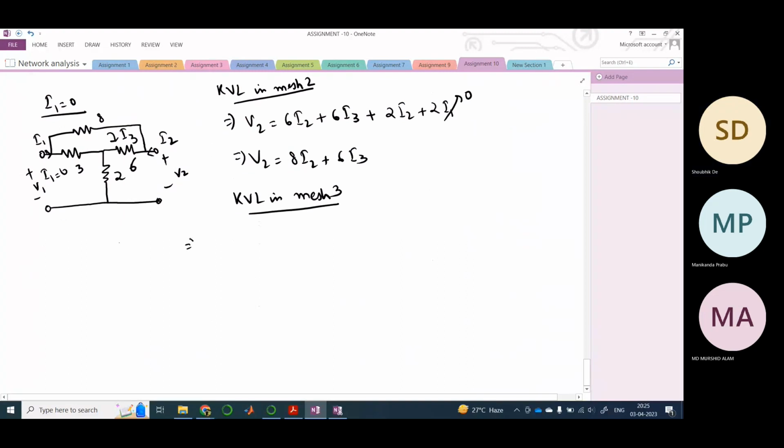It is 8 plus 6 plus 3 again, I3, plus, so this would also be plus, so this would also be 6I2 equals 0.